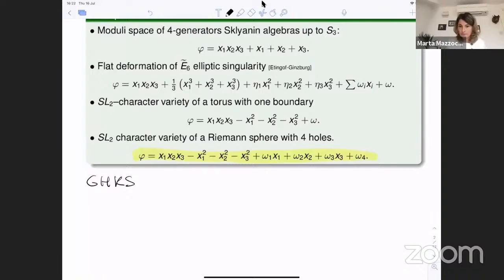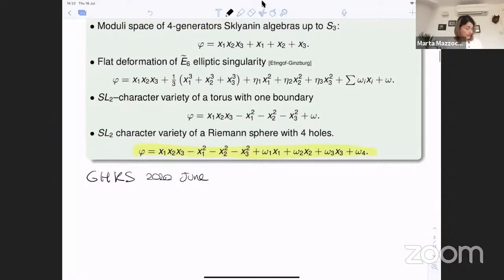I think they put this paper out sometime in June, maybe, for Miles Reid's birthday. Anyway, let me explain in what way this specific cubic appears both on the A side and the B side.